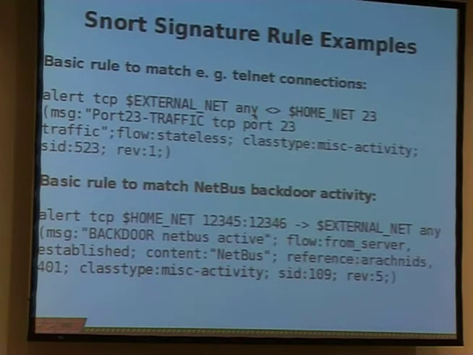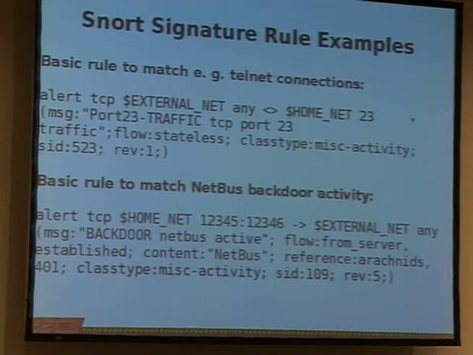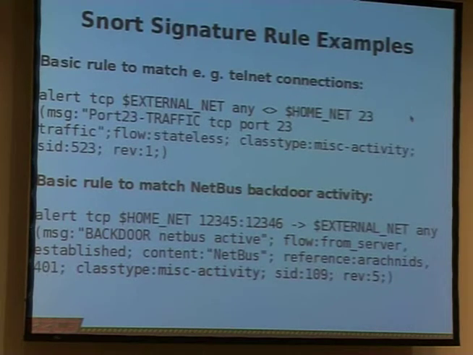The first one is quite easy. It only detects TCP packets from any interface from the external network to the home network. There are some aliases that must be defined, but it's not relevant for this example. From any port to port 23, that means every TCP packet will raise an alert for this rule.